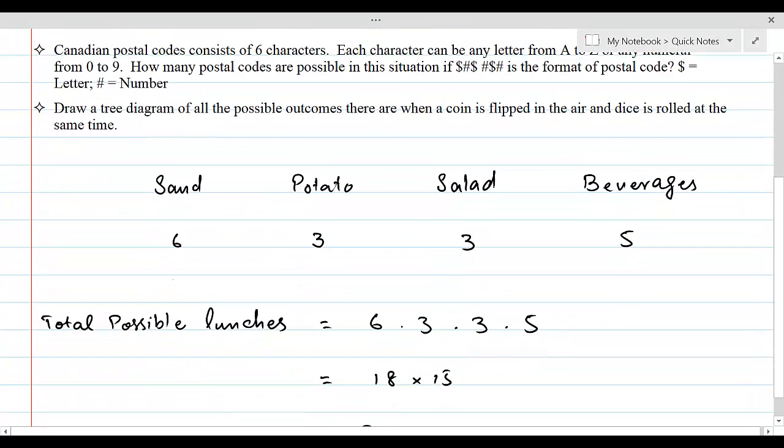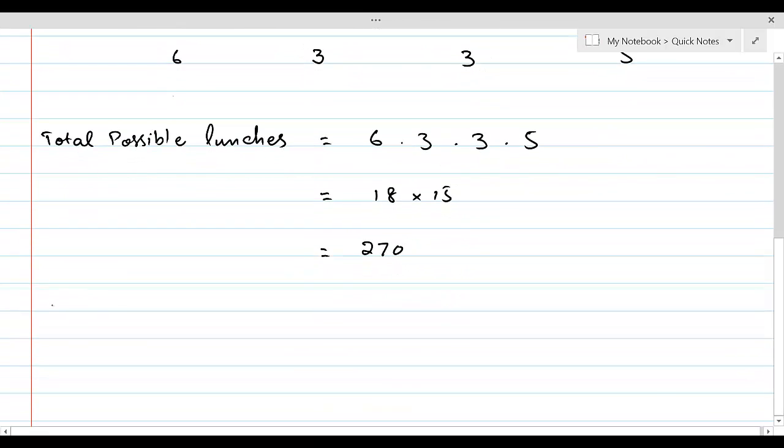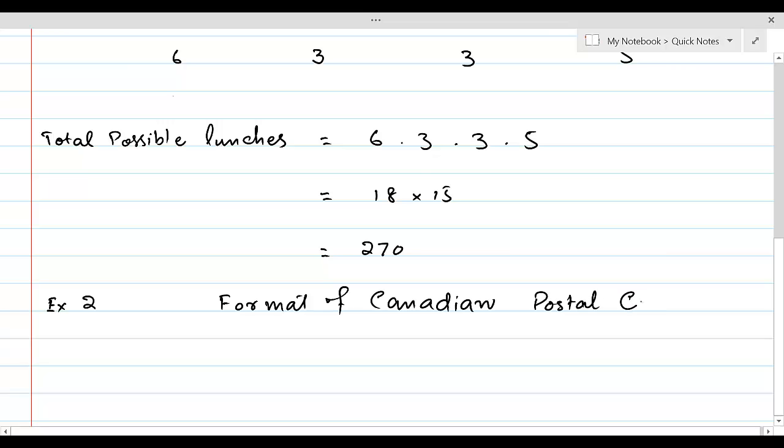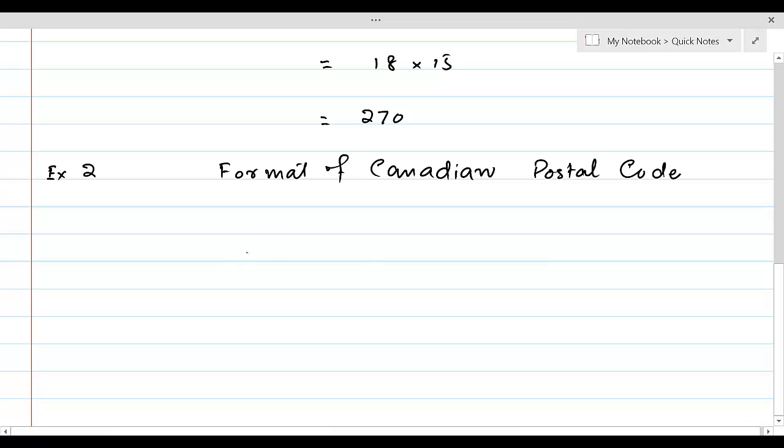So let's write down example number 2. Example number 2. Format of Canadian postal code. Postal code is like letter.